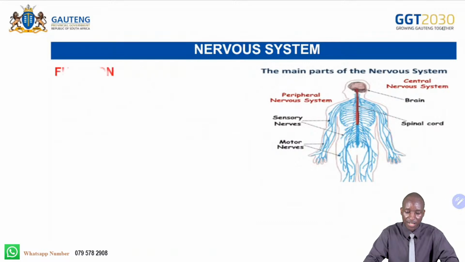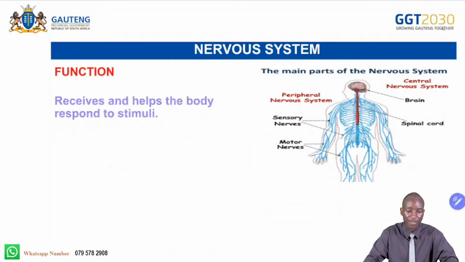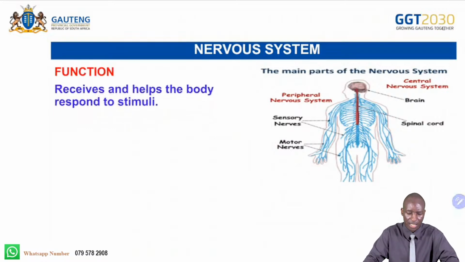Now let's look at the nervous system. The function of the nervous system is to receive stimuli and help the body to respond to them.